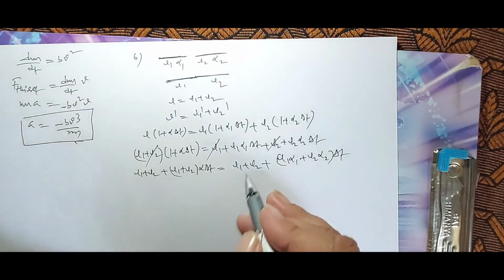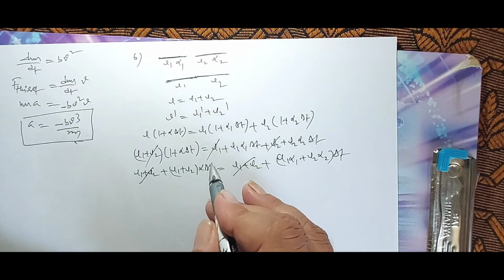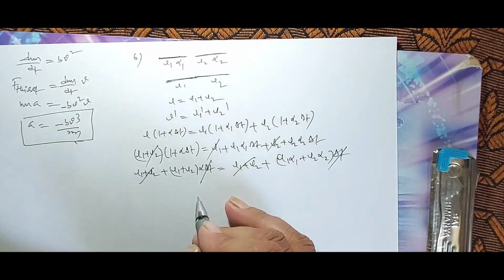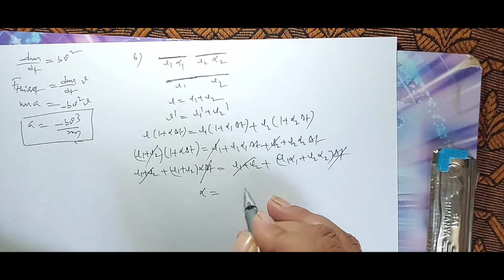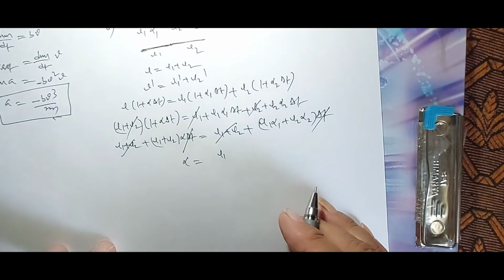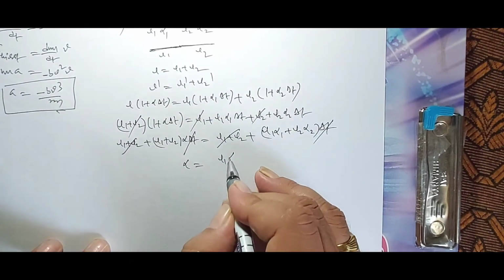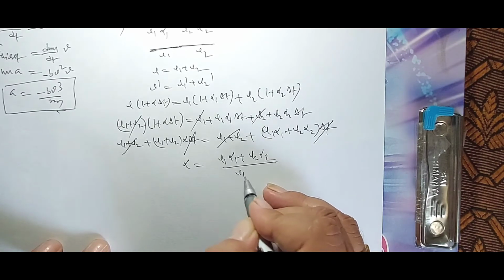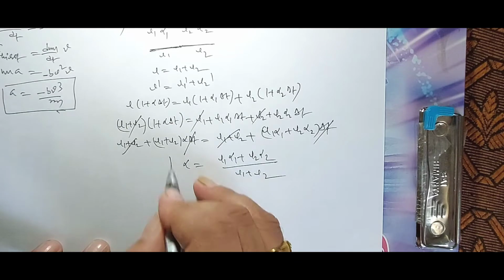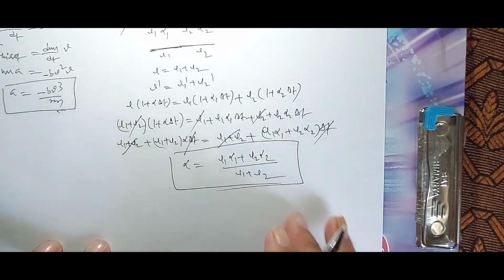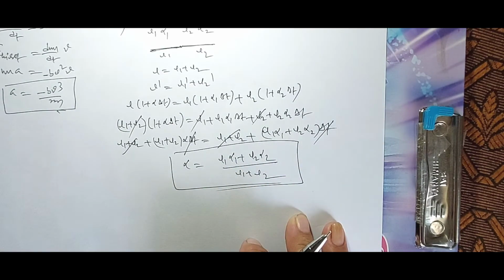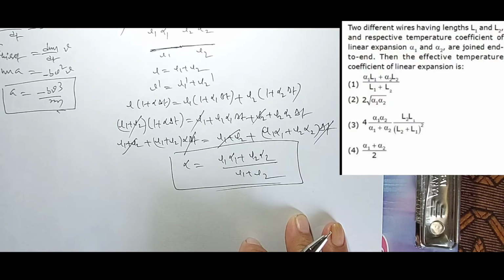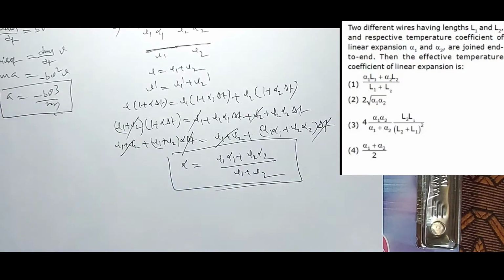Here L1 plus L2 cancel, delta t cancel. Now we write alpha is equal to L1 alpha 1 plus L2 alpha 2 divided by L1 plus L2. So this is the effective coefficient of linear expansion when they are connected in series. So our option is option 1.